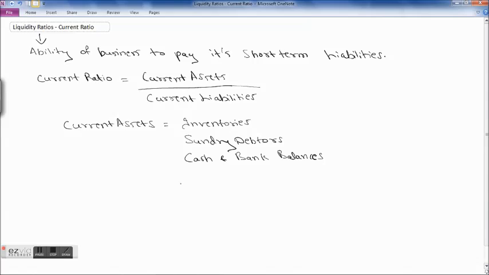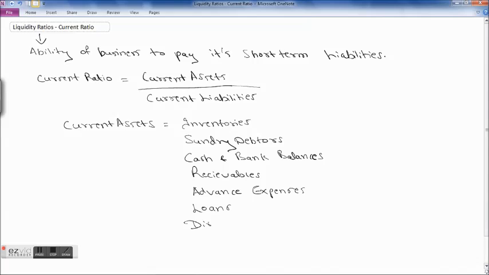All these are your short term assets. Then any other receivables other than sundry debtors, or any advance expenses paid. Then loans, any short term loans given for the purpose of business.